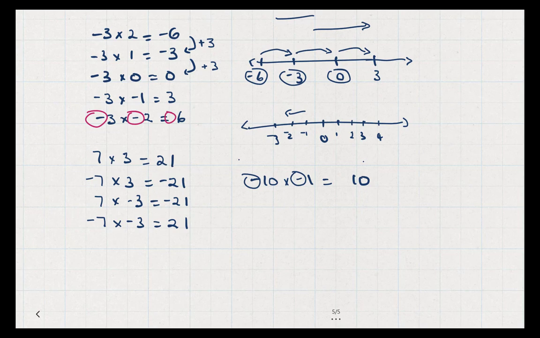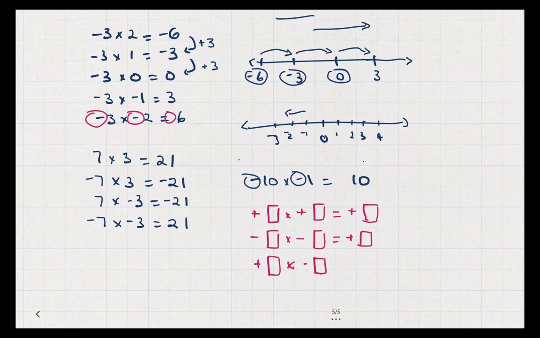So my discovery is that we already knew a positive number multiplied by a positive number results in a positive number. Now I've discovered also a negative number times a negative number results in a positive number. But if the signs of the two numbers being multiplied are different, the result is negative.